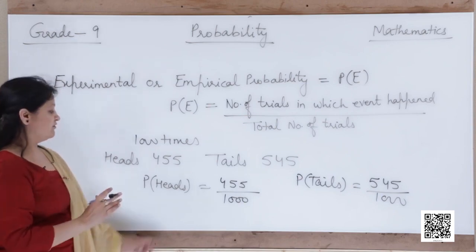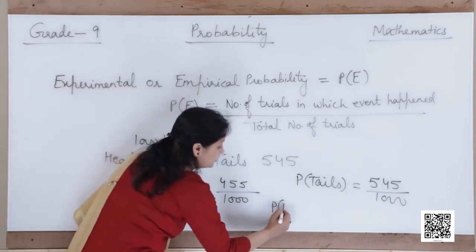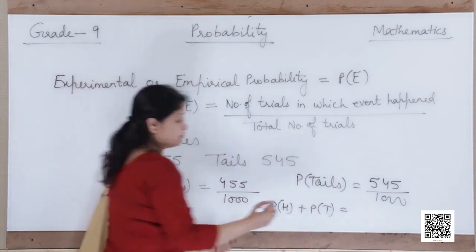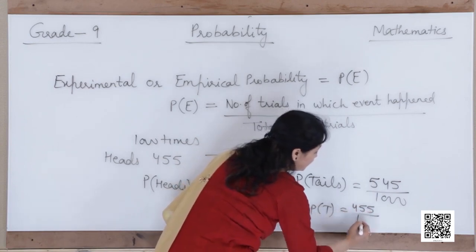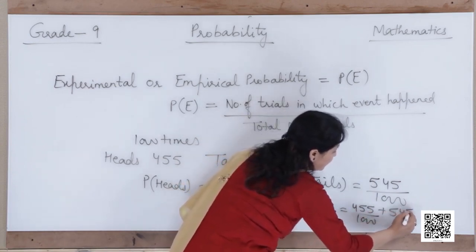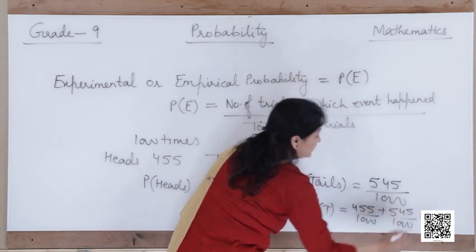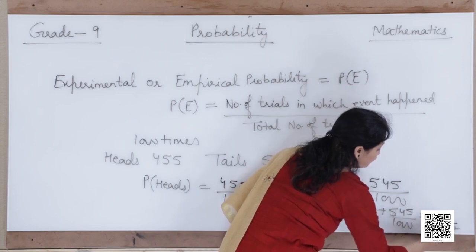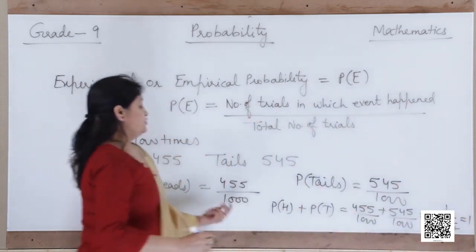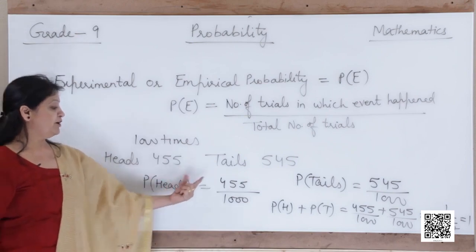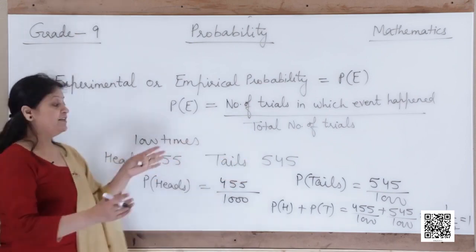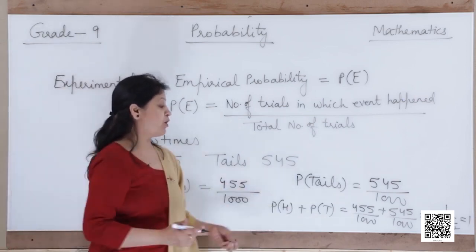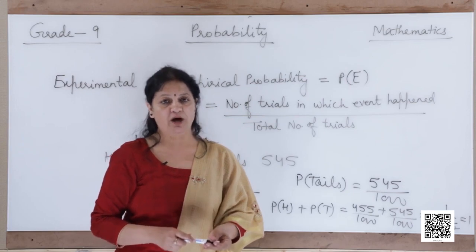You can also observe that probability of head plus probability of tail is 455 upon 1000 plus 545 upon 1000, which is 1000 by 1000, which is 1. We have observed probability of heads and probability of tails. These were the only two outcomes here. So probability of heads plus probability of tails we have got is 1.